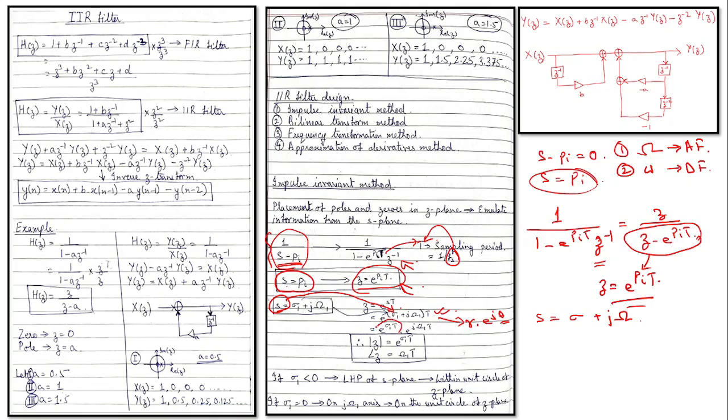So this r comes out to be e to the power sigma 1 t, multiplied by e to the power j omega 1 t. Okay. Now from here, modulus of z is e to the power sigma 1 t, and phase of z is given by omega 1 t. Okay. So these are the two important criteria which we need to remember.